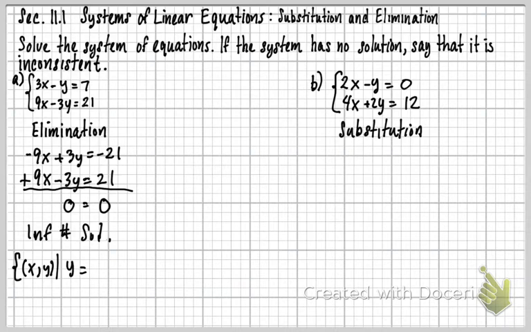When I solve it for y, that means essentially I'm going to move the y over here and the x over there by using addition and subtraction. So I'm going to end up with y equals 3x minus 7. So this is going to be y equals 3x minus 7.